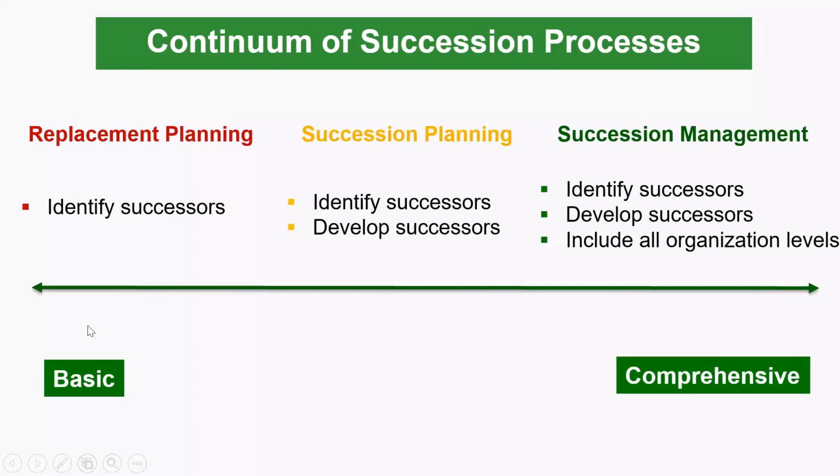So replacement planning is basic, while succession management is very comprehensive. You identify the successors, you develop them, and you extend it across the organization, across all the functions, while succession planning is just for identification and development.